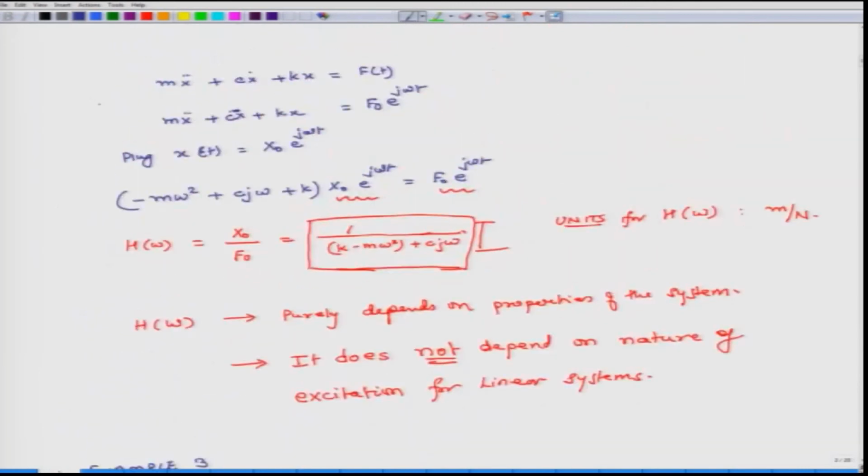So, associated with transfer functions are terms known as poles and zeros. Now, go back to this particular transfer function.